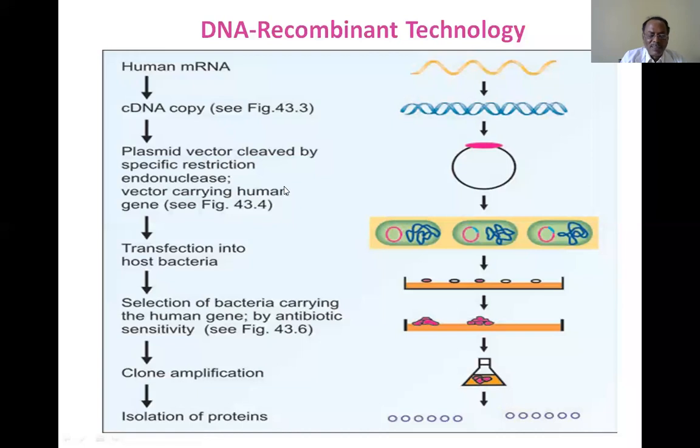And then another very important one is FSH, follicle stimulating hormone. We are able to produce it, and its fruits we are enjoying.